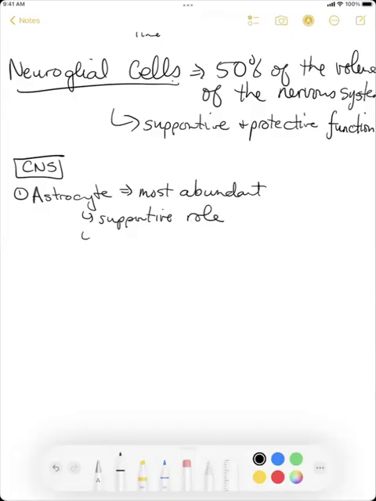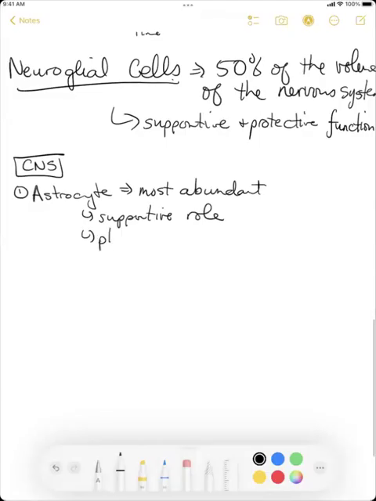And it also plays a role in something referred to as the blood-brain barrier. Sometimes this is referred to as the BBB.